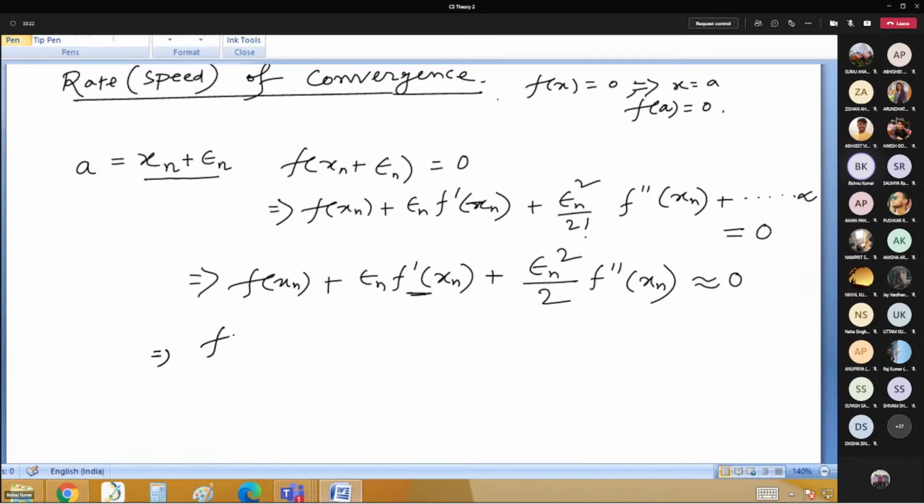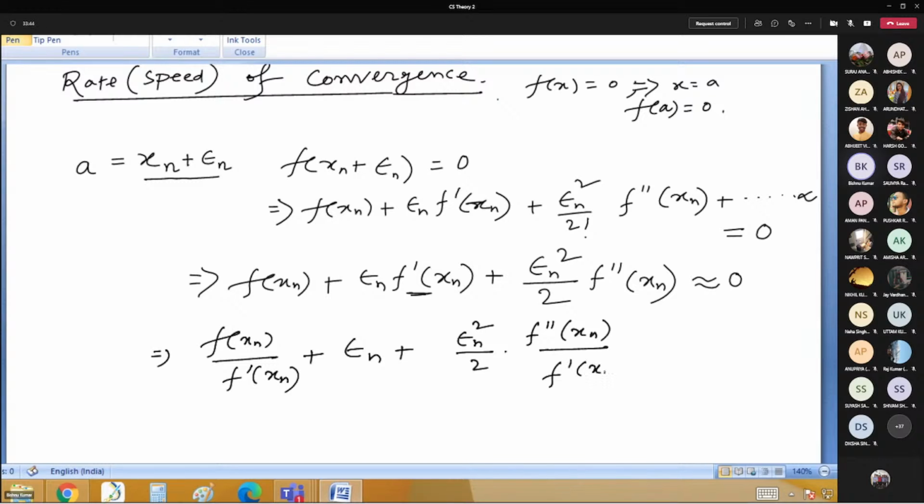So f of xn by f dot xn plus epsilon n square by 2 times f double dot xn by f dot xn is still approximately 0, isn't it?